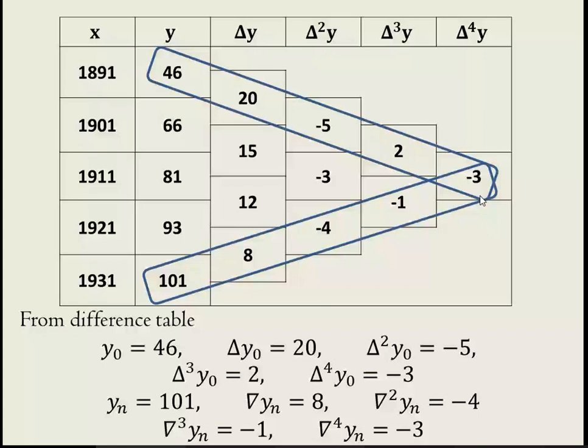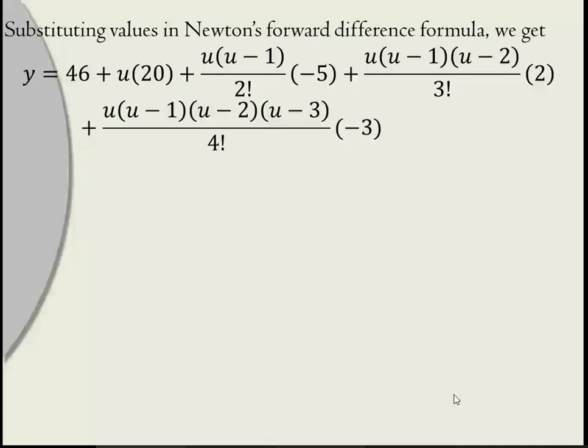Now put these values into the standard formulas. Take the corresponding value of X at which we want to find Y. So firstly, taking the forward difference table, using the formula, putting in the values of Y naught, delta square Y naught and all those values, u will be X minus X naught by 10.